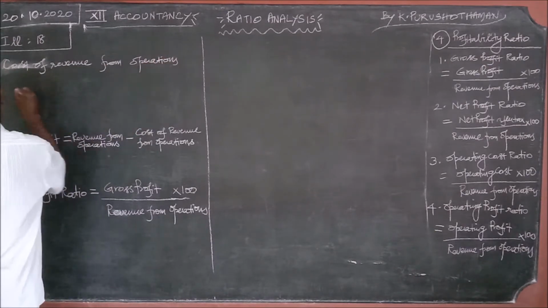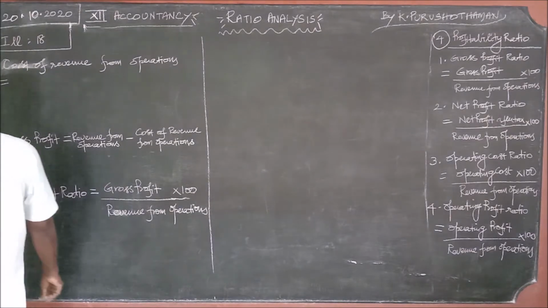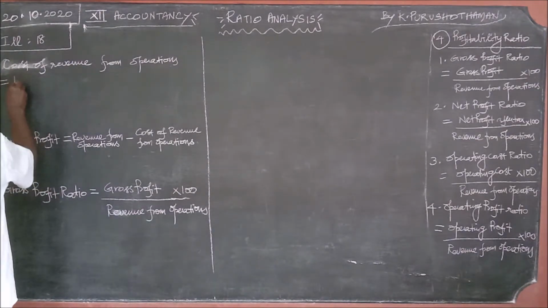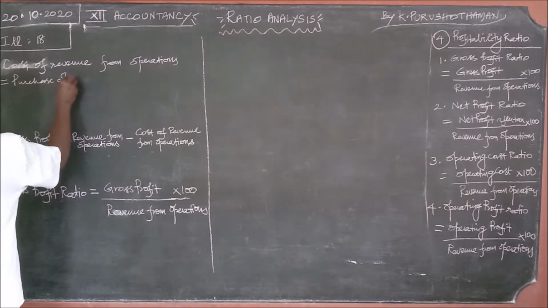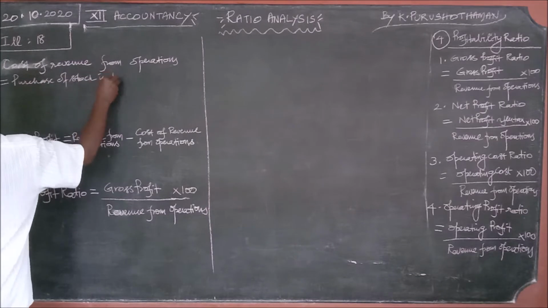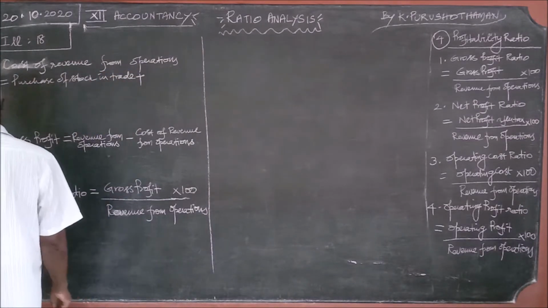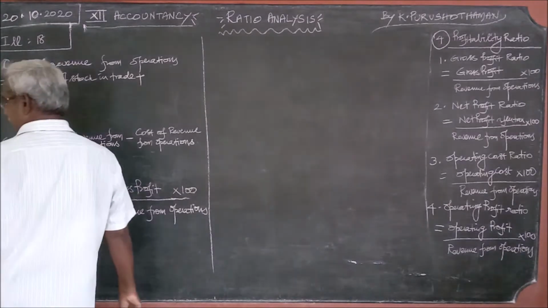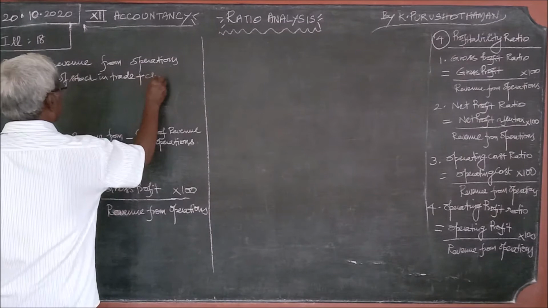To find this, what are the items we should take? Purchase of stock in trade plus changes in inventory.